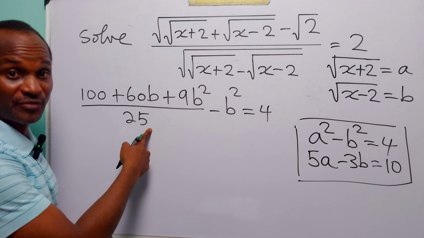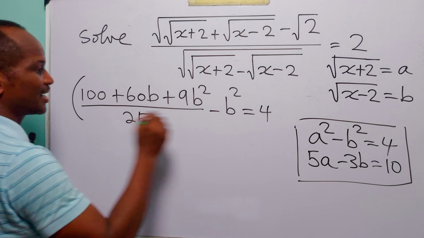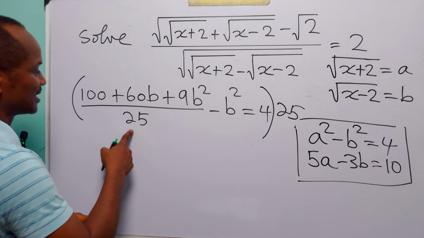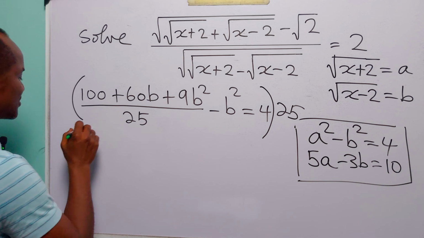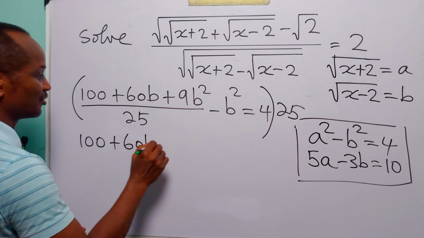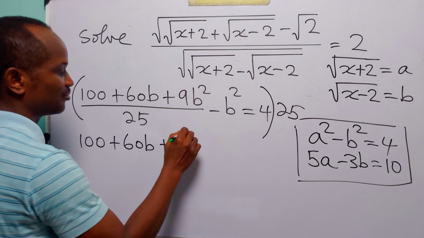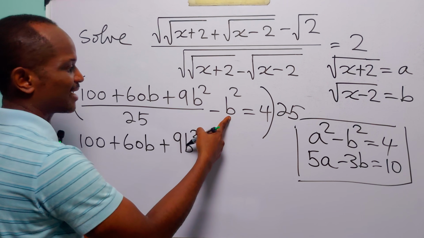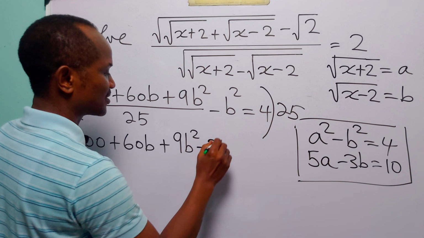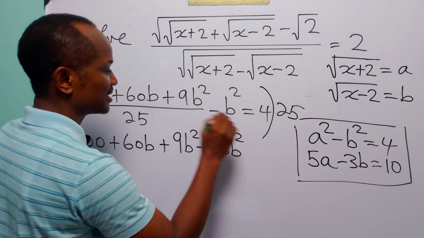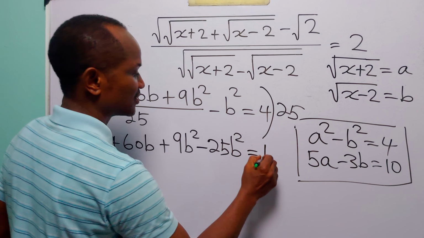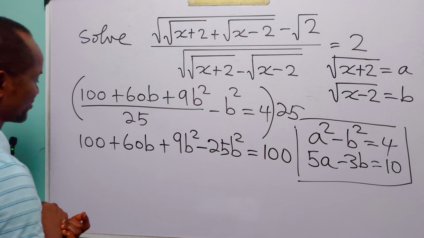And of course, to get rid of this fraction, we multiply through this equation by 25. This times 25 is going to give us 100 plus 60b plus 9b squared, minus b squared times 25 is going to give us minus 25b squared. And of course, 4 times 25 is going to give us 100.